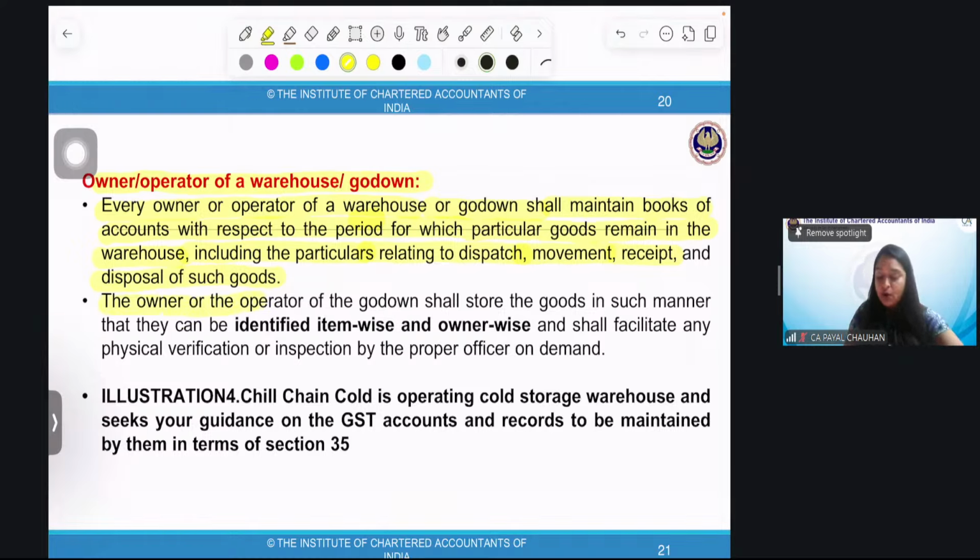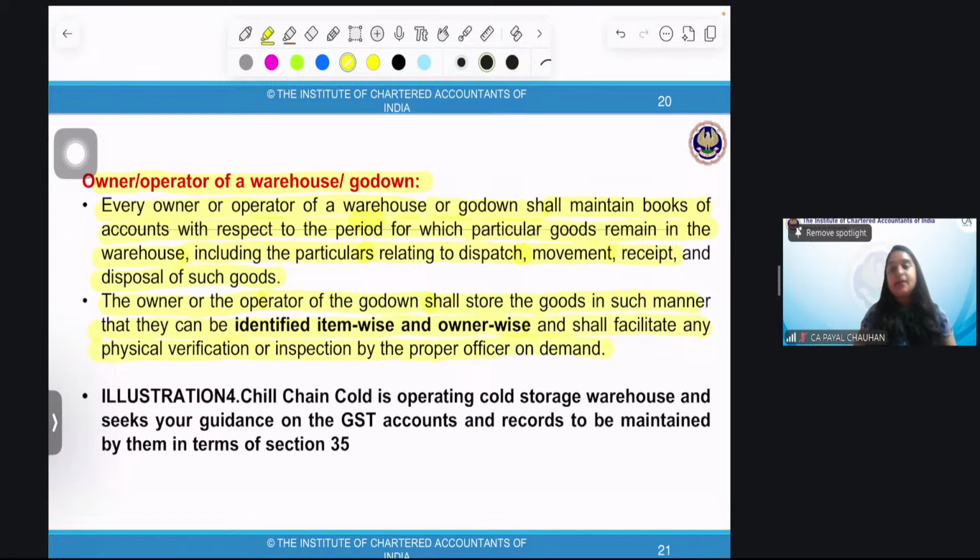The owner or the operator of the godown shall store all the goods, very important, many a time an MCQ question is there, in such a manner that they can be identified item wise and owner wise, and shall facilitate any physical verification or inspection by the proper officer on demand.